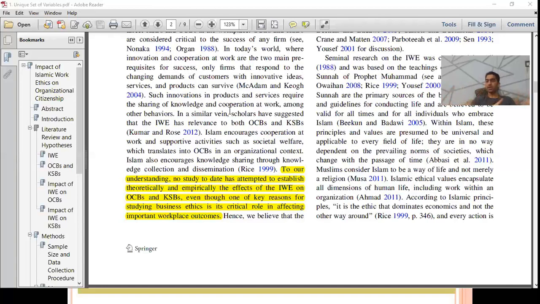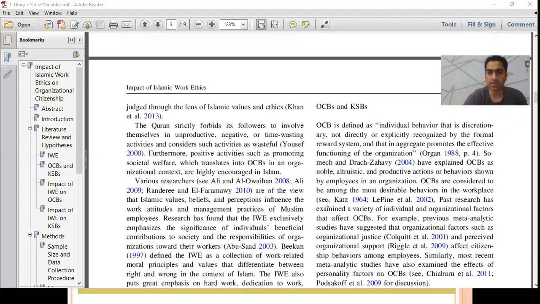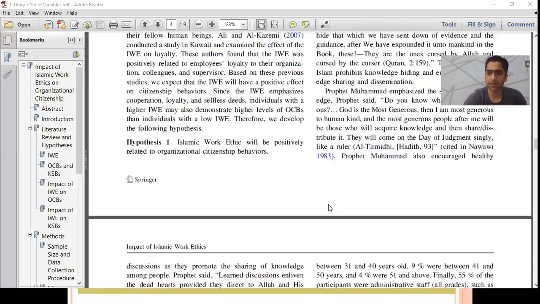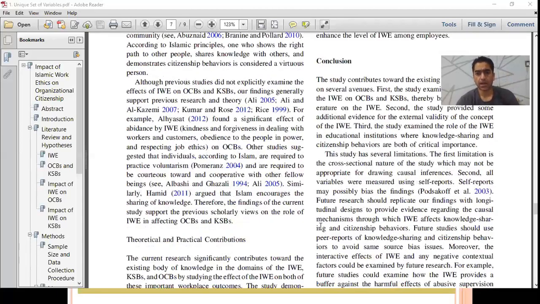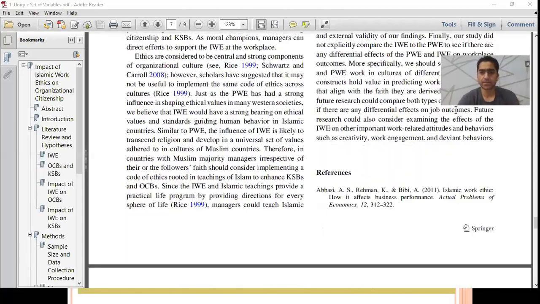So the theory is supporting, the literature is supporting this narration, and it was a very good idea. And you can see the paper is quite simple, quite theoretically driven, and you can see some of the tests and the tables, and ultimately it's a conclusion.